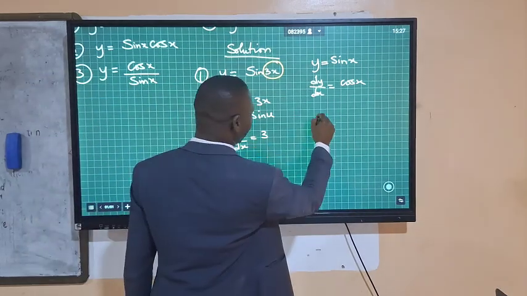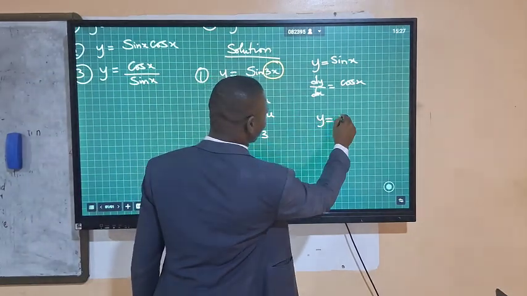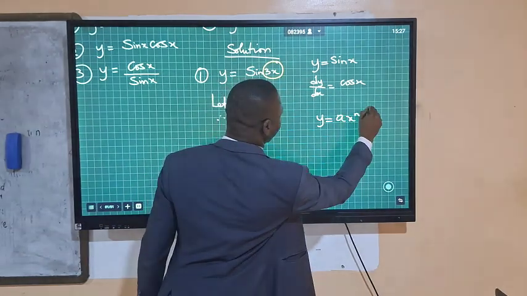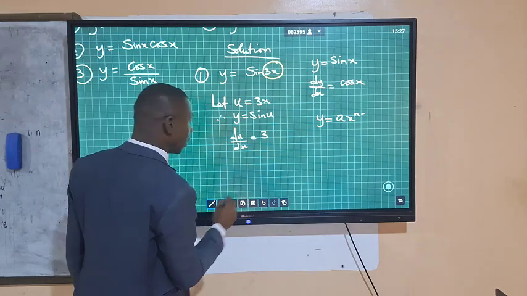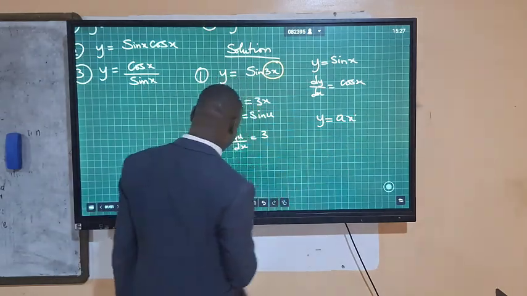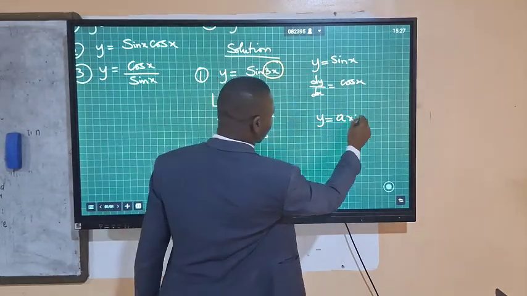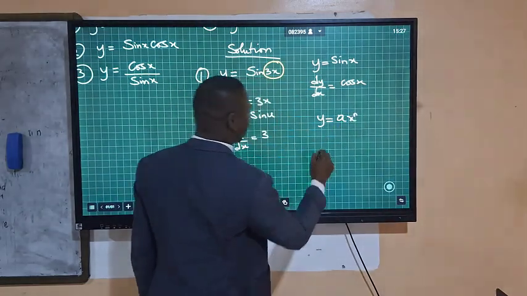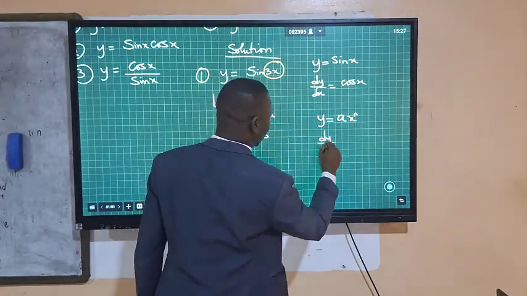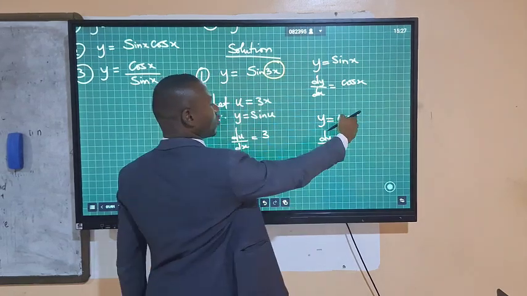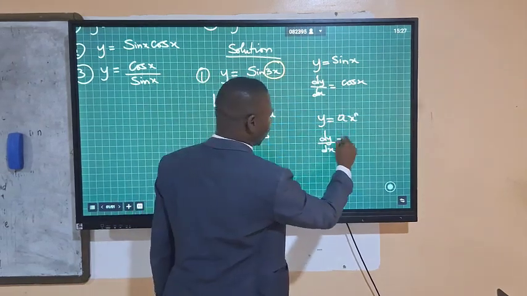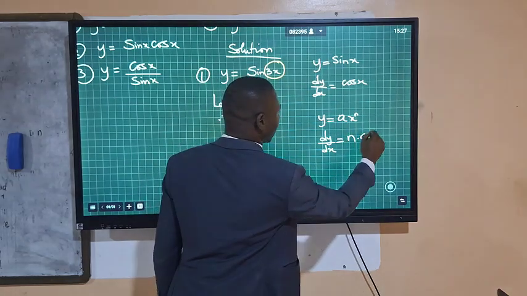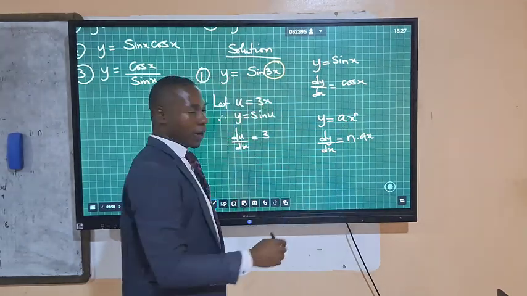From the formula, if y is equal to ax raised to power n, therefore our dy over dx is nothing but bring down the power, then repeat the function and drop the power by 1.